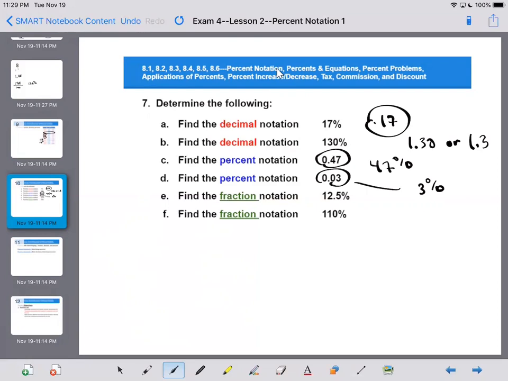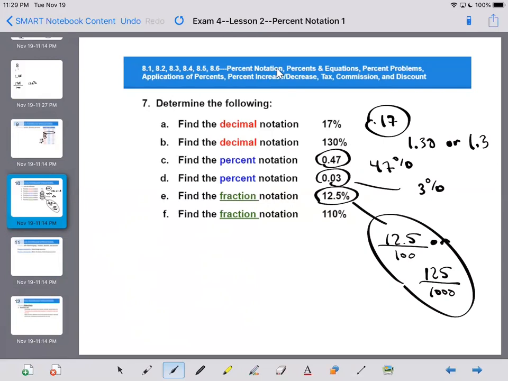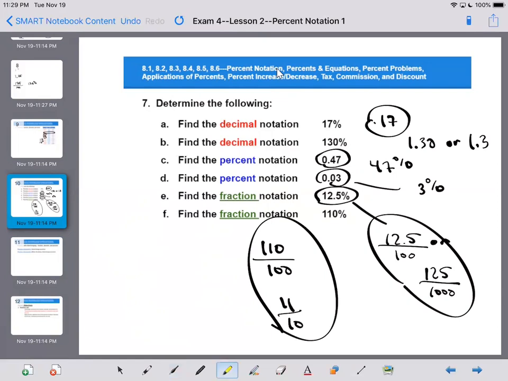The fraction notation of 12 1/2% would be 12 5/10 divided by 100, or I would even take 125 thousandths. Both of those would be correct. And then the fraction form of 110% would be 110 100ths or 11/10. Both of those would be the same because you see what happens. These both divide by 10.